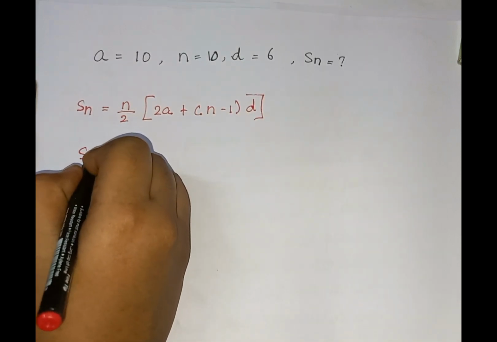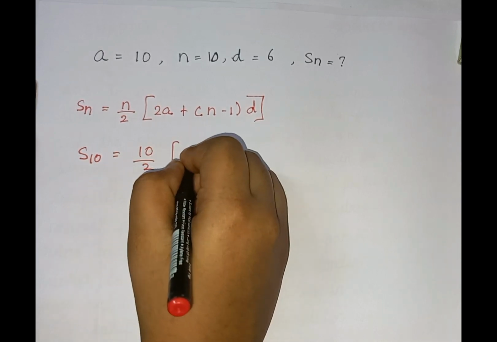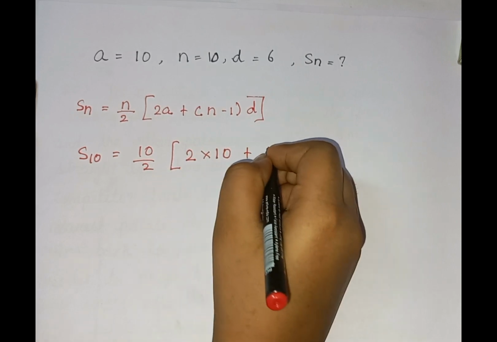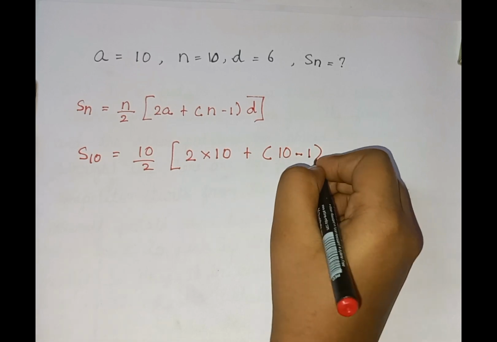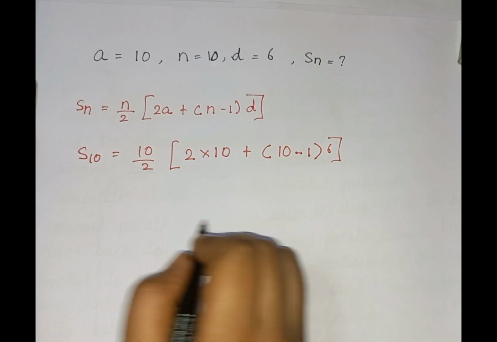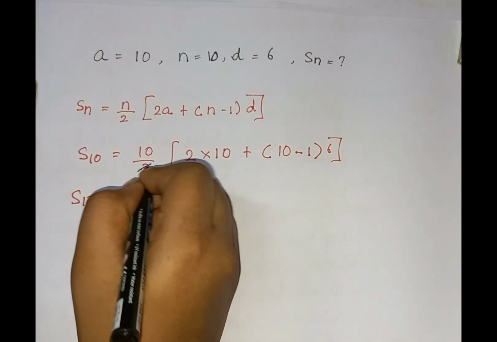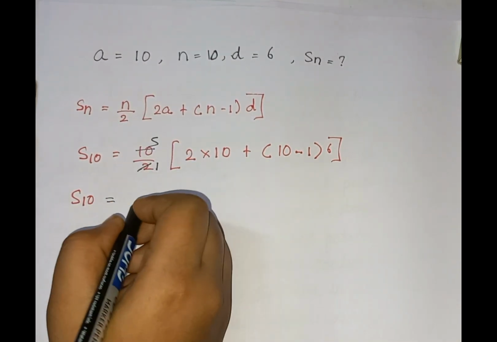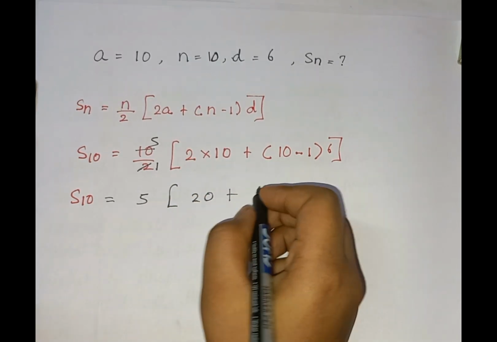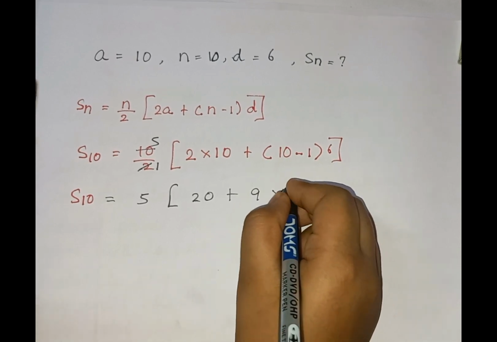So n value is 10, so it is equal to 10 by 2 into, in the bracket, 2 into a is 10, and then plus n value is 10, so 10 minus 1, and the d value is 6, and then close the bracket. I am doing it a little bit fast because you guys know this, right? So S10, we can cancel it, 5 twos are 10, so it is equal to 5 into 2 tens are 20 plus 10 minus 1 is 9, into 6 and close the bracket.